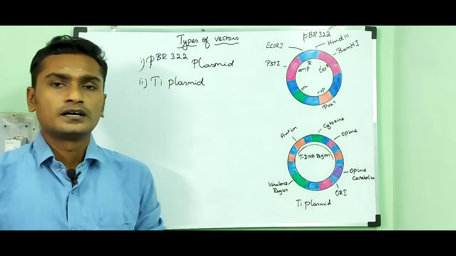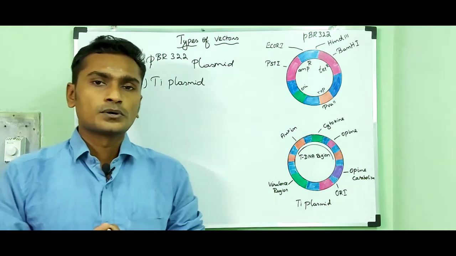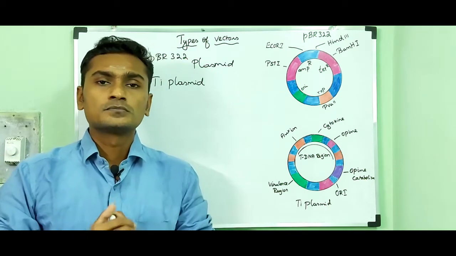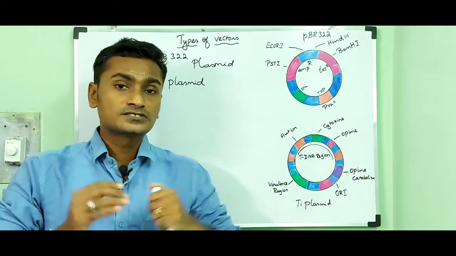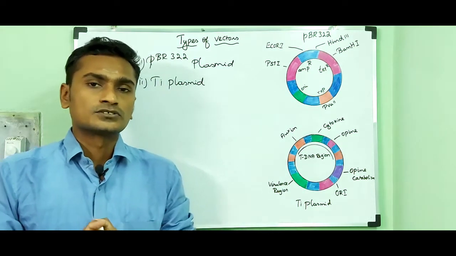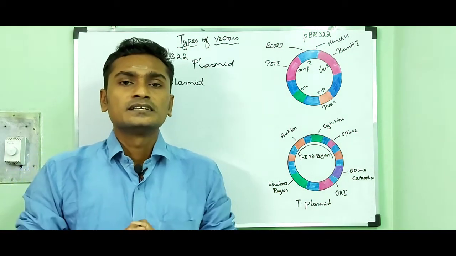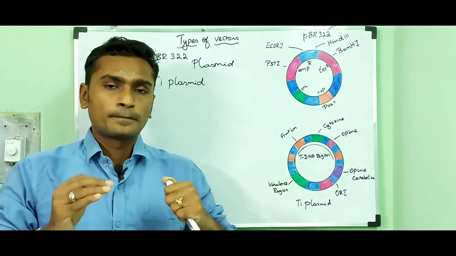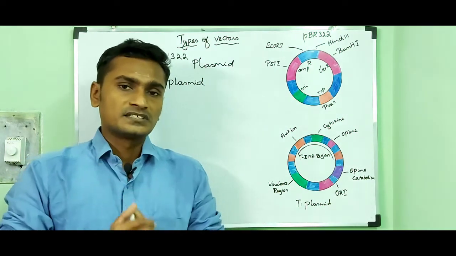First, I am going to tell about what is called a plasmid. A plasmid is an extra chromosomal material which is found in the bacterial cell in addition to the bacterial chromosome. So bacteria contain a bacterial chromosome, and in addition to that, the bacteria contain plasmids, which are called extra chromosomal material.